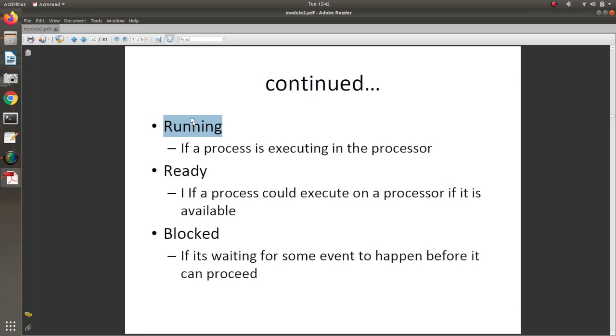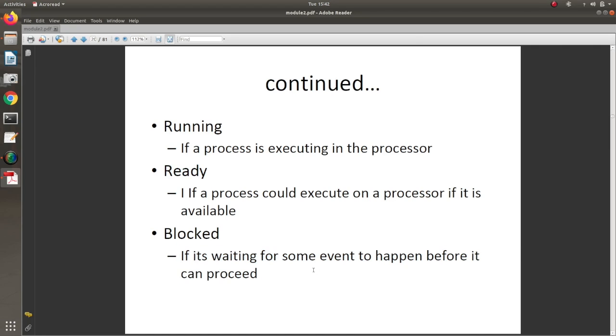Firstly, the first state is running, as we already know. That is, the process is being executed in the processor. Another state is that a process is ready to get executed. That is, if a processor is available, it can get executed easily. Blocked, if it is waiting for some event to happen before it can proceed. For example, it is waiting for input.